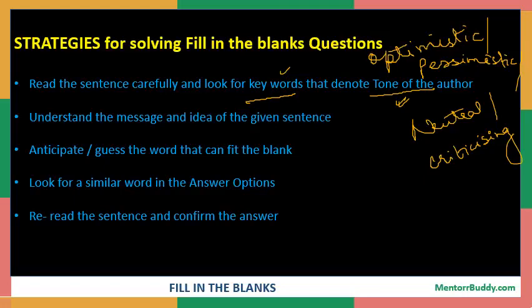The next step is to understand the message and the idea of the given sentence. Once you understand the whole idea of the given sentence, it becomes easy to know what would be the missing word. So if you understand the topic, relate it to the already read text, relate it to commonly known facts and your own personal experiences to understand the whole idea of the given statement, so that it helps you to know the word that would fit in the blank. Next is to anticipate or guess the word that can fit in the blank.